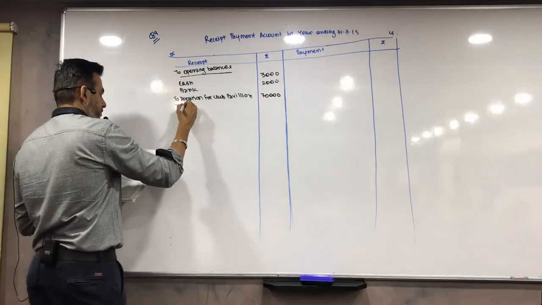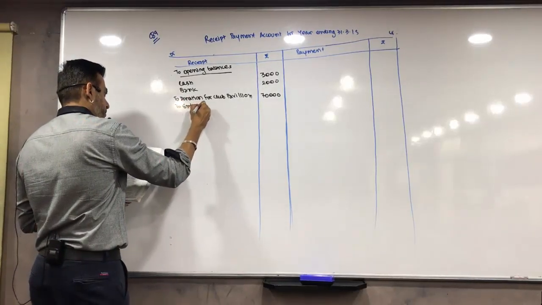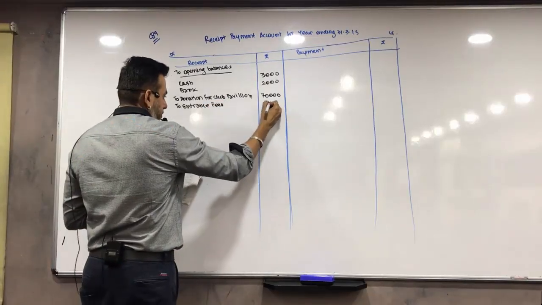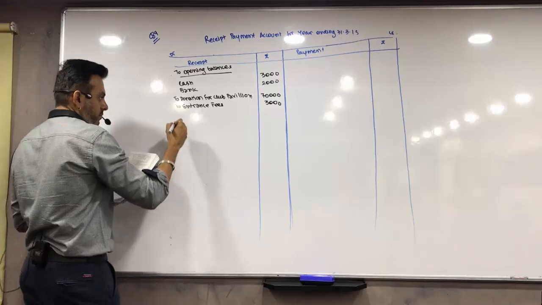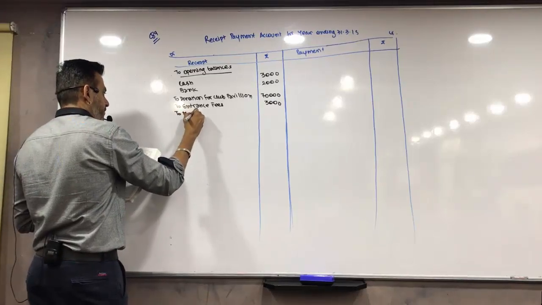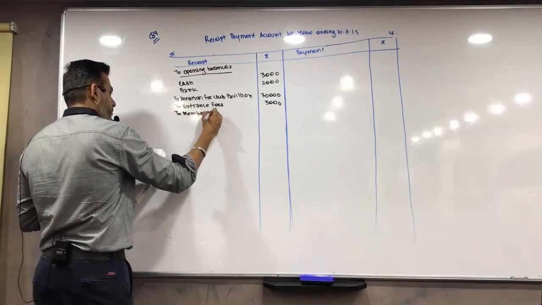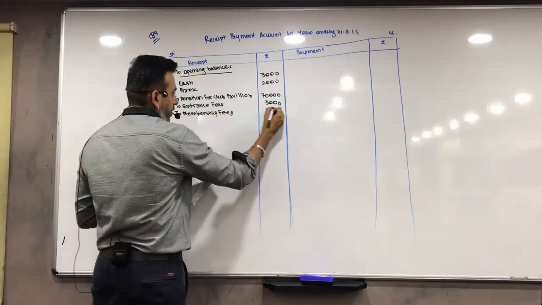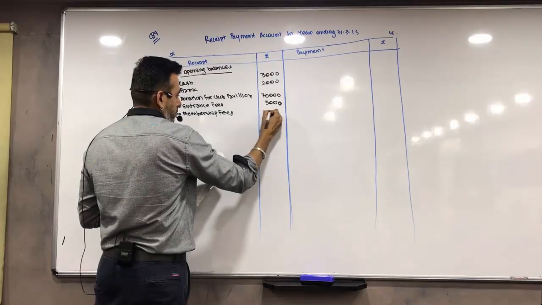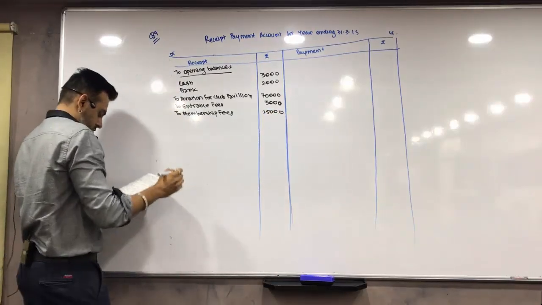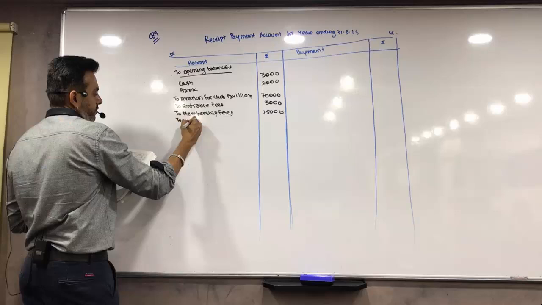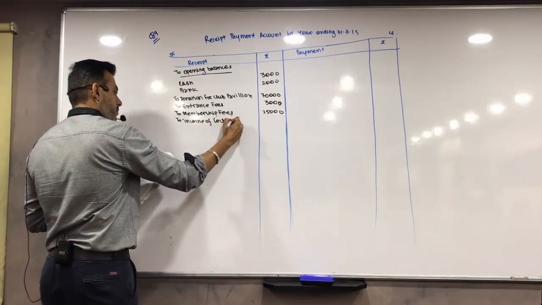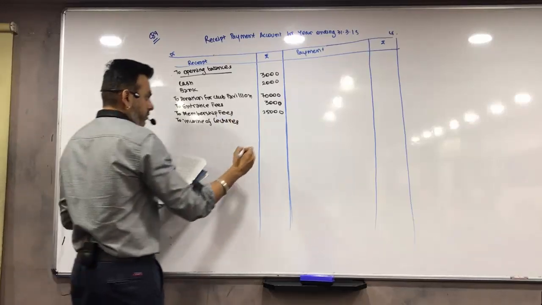Entrance fee, to entrance fee, 3,000. To membership fee. We write only the outer column, 25,000. To income of lectures, 3,000.